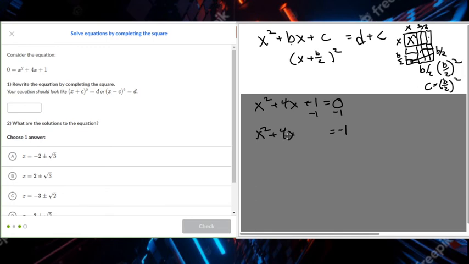I want to figure out what the values are over here. b is 4, so b over 2 is 2, and b over 2 squared is equal to 2 squared, which is 4. So add 4 on both sides here. It's going to be 3, and the constant here is going to be 2.